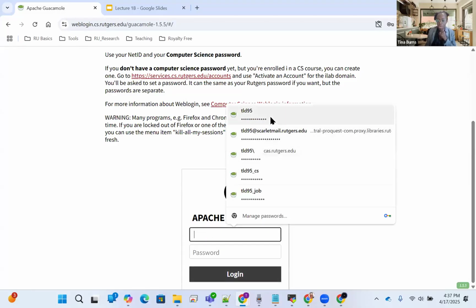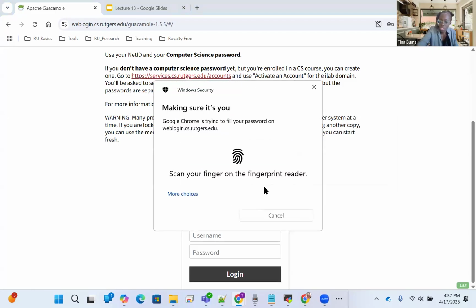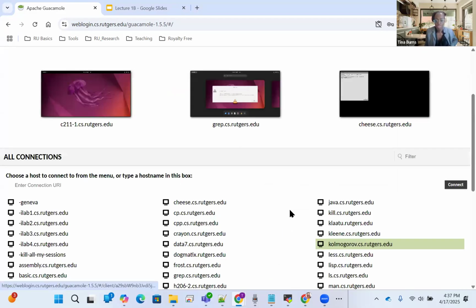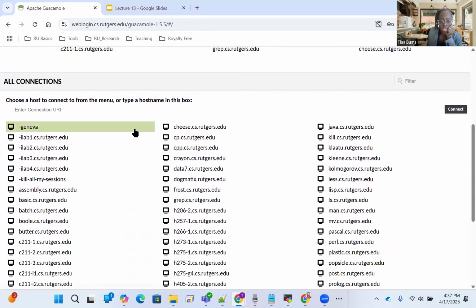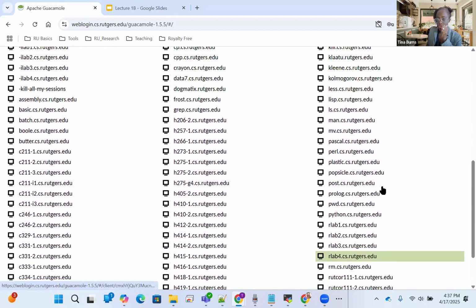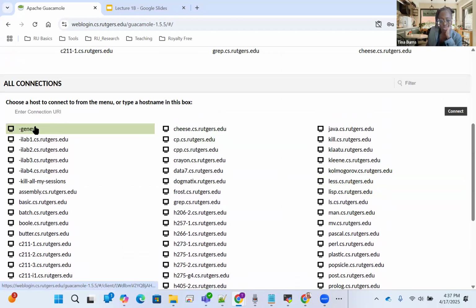I'm going to go ahead and log in. Of course, all of my information is saved on here, so it allows me to log in. Now you'll see all of these computers that are available for you to use at your pleasure. These are your ilab machines here, 1 through 4.